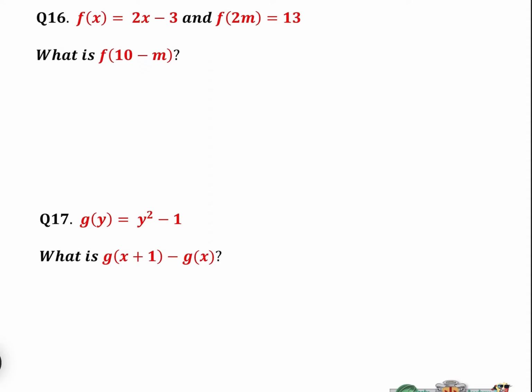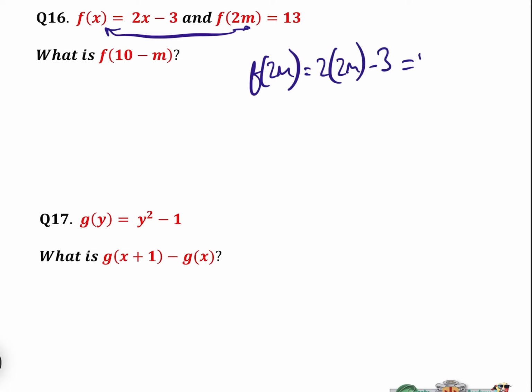Okay, so question 16, f of x is 2x minus 3 and f of 2m is 13. What is f of 10 minus m? Okay, well, just imagine that that is a smiley face, and then we're just going to plonk it into there. So that gives us that f of 2m equals 2 times 2m minus 3, which we know is 13 because it tells us here.